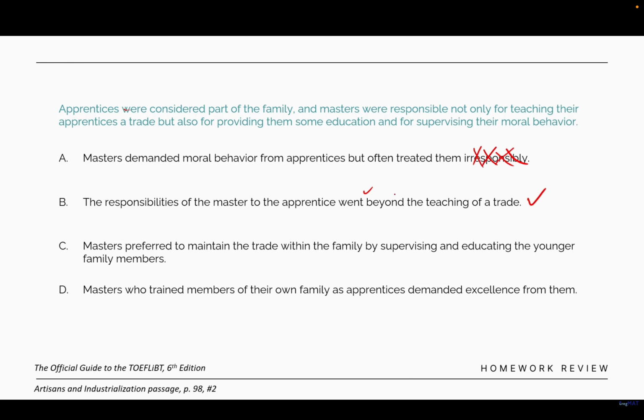That looks pretty good. Went beyond matches with education and supervising their moral behavior. Masters preferred. Do we have anything about their preference? I don't see anything about what they preferred. Masters who train members of their own family. I don't see anything about their own family, so that's wrong. So the correct answer must be B.